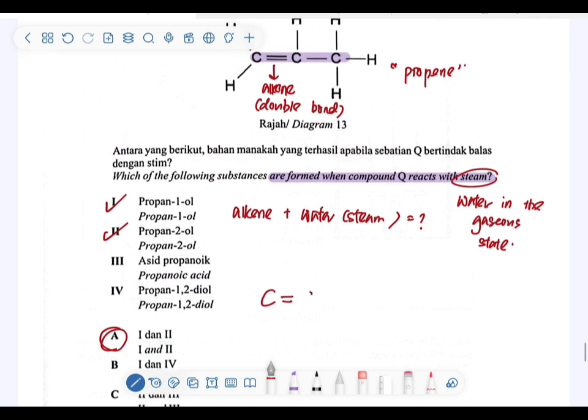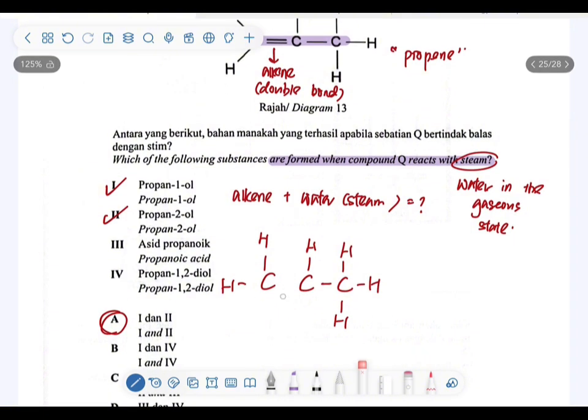The reason is that this double bond will actually open up. At first it is like this, and once it adds water, it will break the double bond. So now it becomes a single bond.